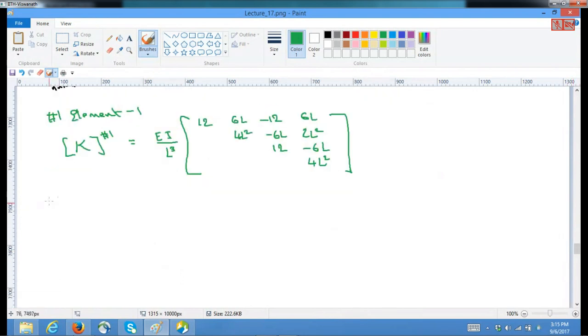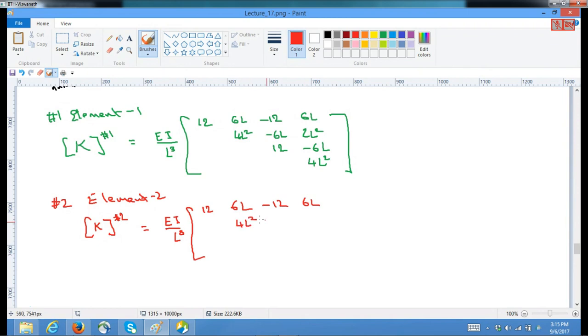Similarly, for the element 2, it's also of the same length and the rigidity is the same as the element 1, so it will be the same as EI by L cube times 12, 6L, minus 12, 6L, 4L square, minus 6L, 2L square, 12, minus 6L, 4L square.